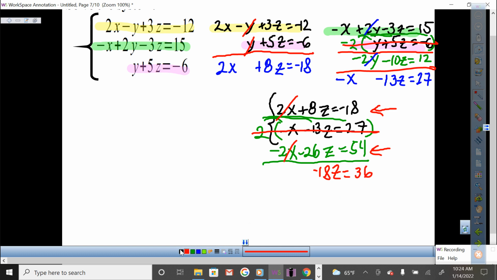And last but not least, we divide by negative 18, divide by negative 18, so z equals negative 2. So to finish this little system, we already solved for z. What do we need to solve for now? X. So which equation do you want to use, the top one or the green one?